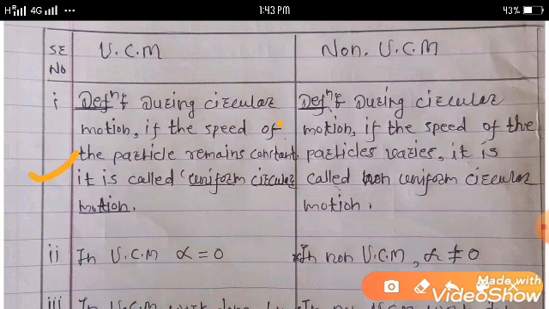In a non-uniform circular motion, if the speed of the particle varies, it is called non-uniform circular motion.